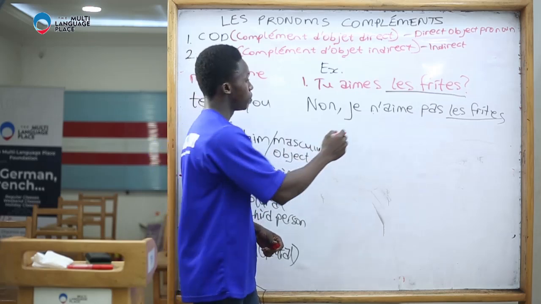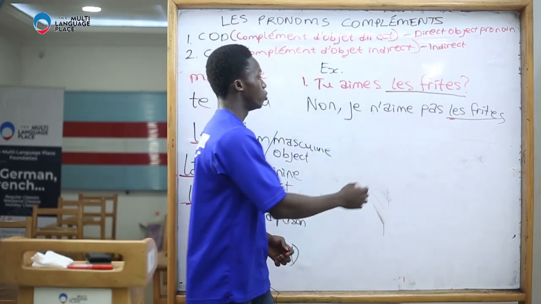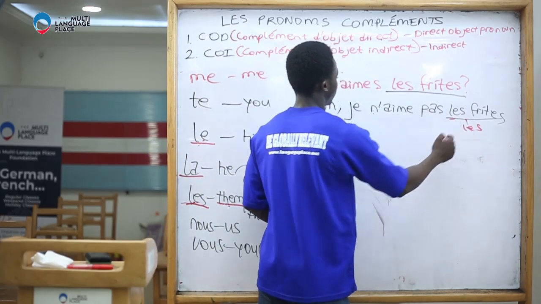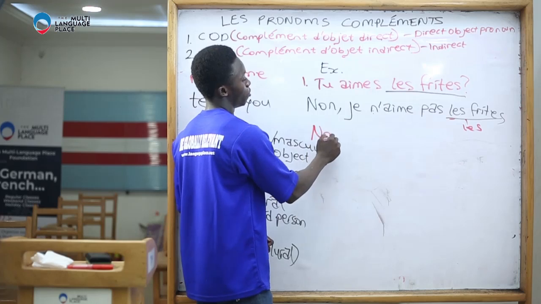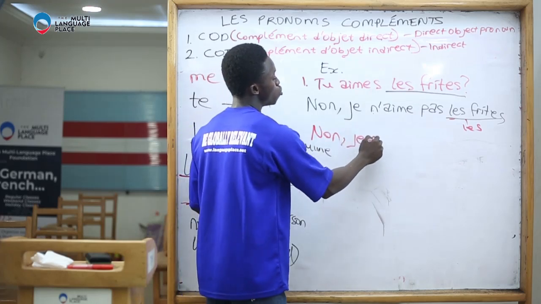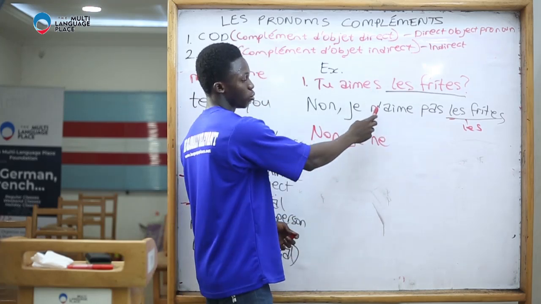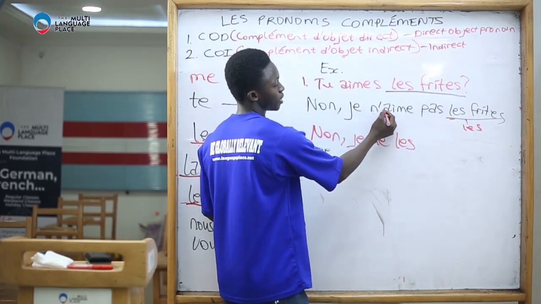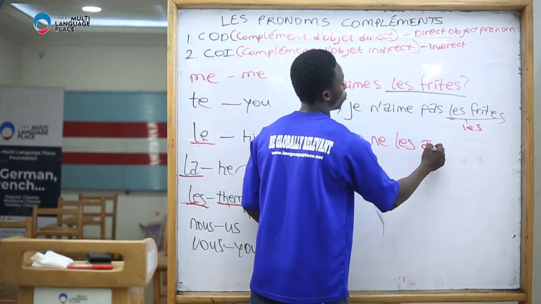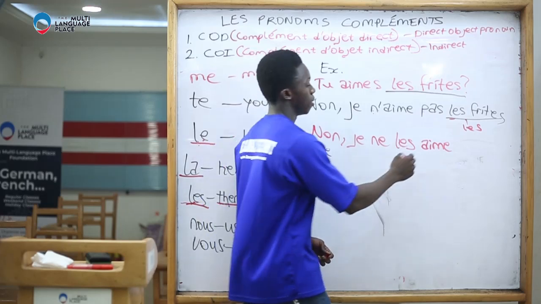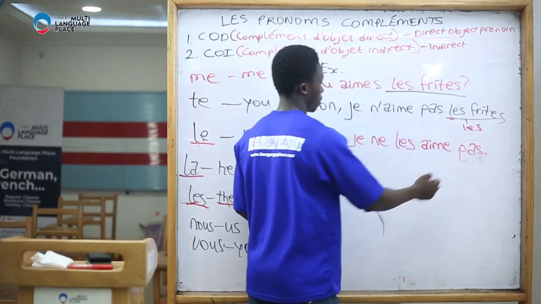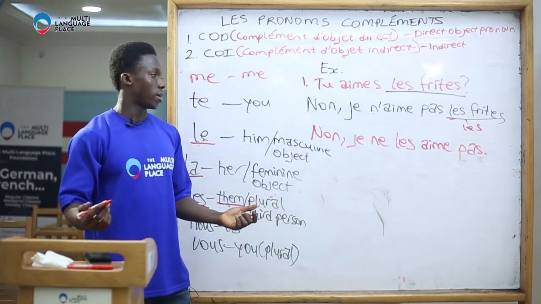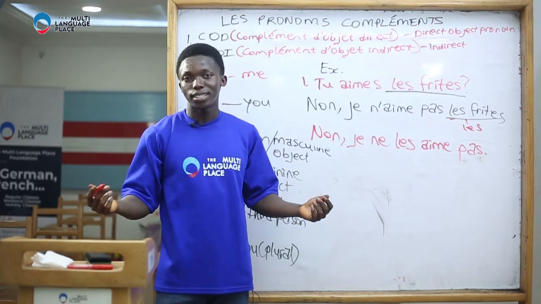So to replace this with les, that becomes non, je ne. Remember, this comes back to ne. Then your les comes immediately before the verb. Non, je ne les aime pas.